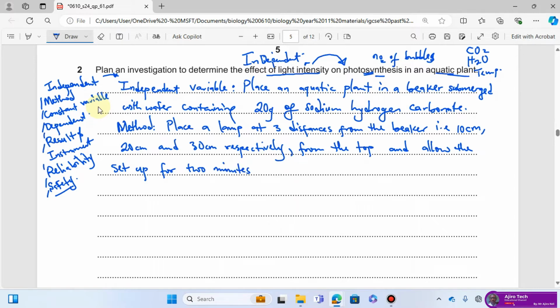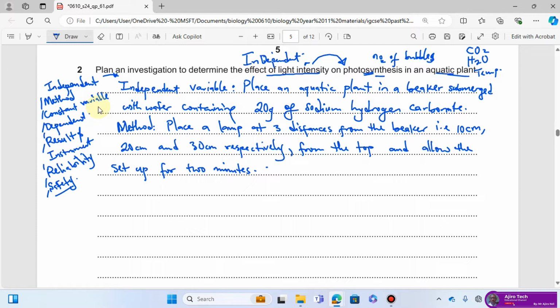That's the method you are going to adopt. So we'll place a lamp at 3 distances from the beaker, 10 cm, 20 cm and 30 cm respectively from the top of the beaker, and allow the setup for 2 minutes.